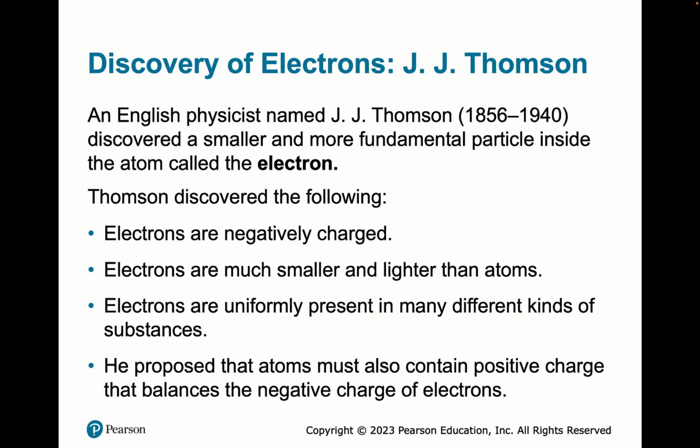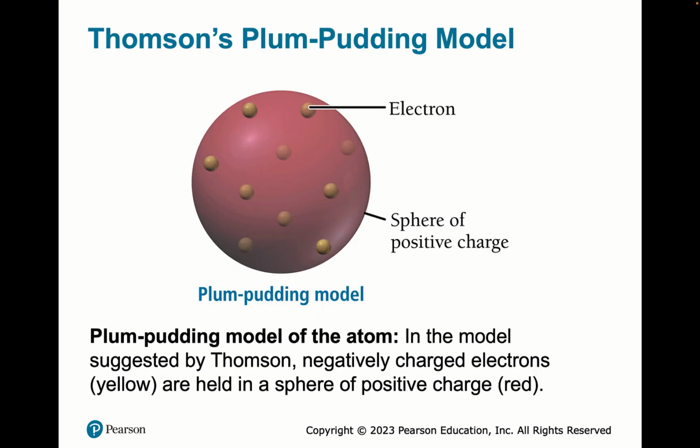They're much smaller and much lighter than atoms, and they are uniformly present. He inferred from this that if electrons are negative, there must be a positive charge inside the atom to counteract that. And then this moved on to the plum pudding model.